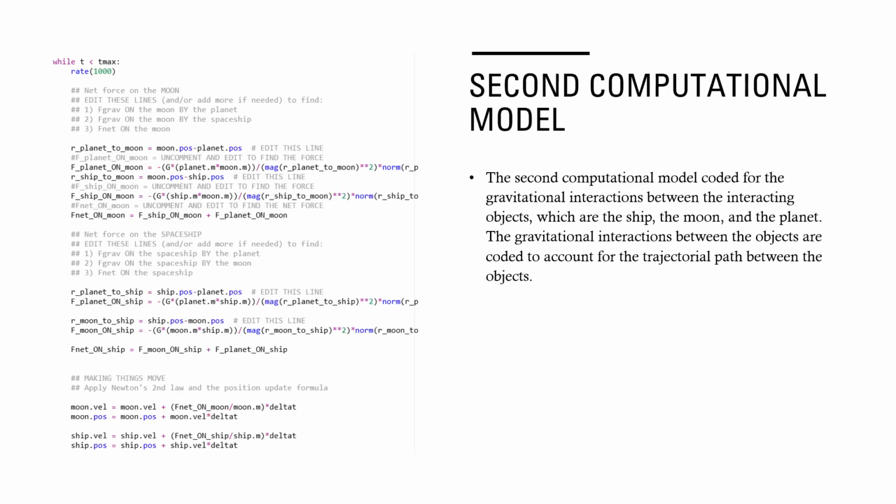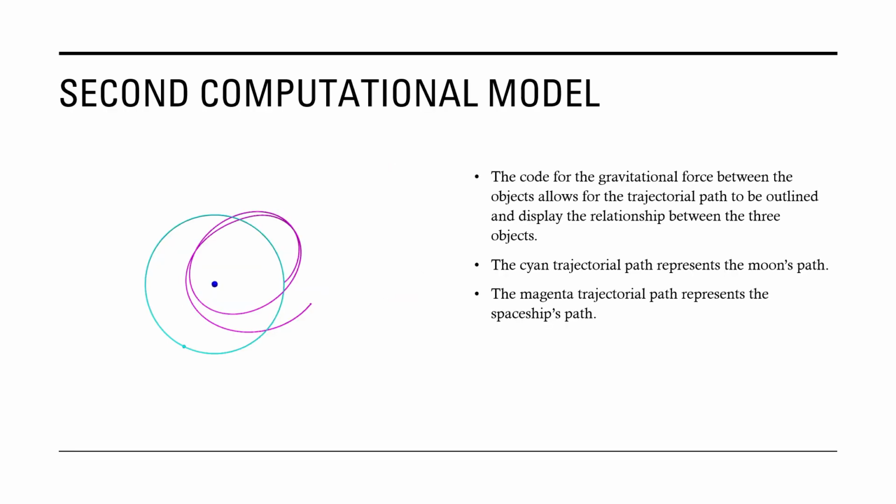Next, we have our second computational model, and all these lines of code are mainly coding for the gravitational force on the different objects. So we have the ones of the planet on the moon, the ship on the moon, the planet on the ship, and the moon on the ship, just so we can get an idea of the trajectory path between all of the objects.